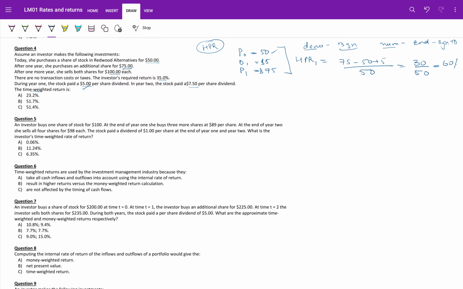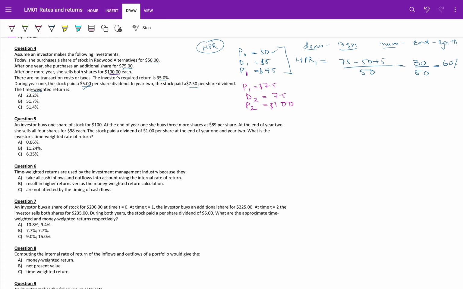It's simple mathematics. Now for period two, the stock is worth $75. She sold the stock at P2, where the stock's value is $100, and the dividend for the second period is $7.5.